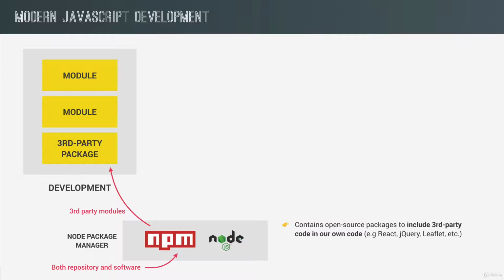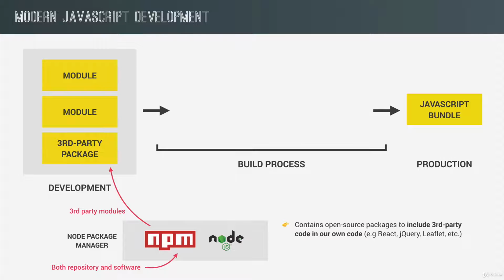Instead, our project now needs to go through a build process where one big final JavaScript bundle is built. And that's the final file which we will deploy to our web server for production. So basically, it's the JavaScript file that will be sent to browsers in production. And production simply means that the application is being used by real users in the real world.